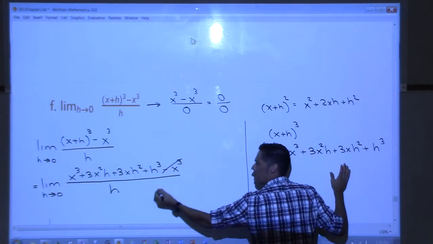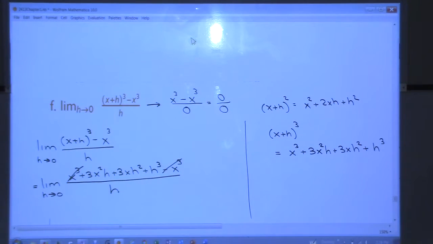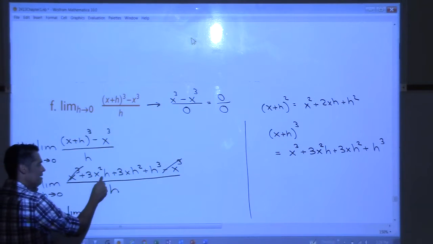We get the x cubed here at the back to cancel with the x cubed at the front. And what's good about those x cubeds canceling? Everything that's left has an h in it, right? Everything that's left has an h. So because everything has an h, I can factor an h out of here, here, and here.